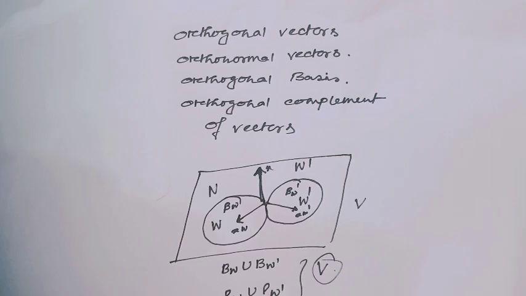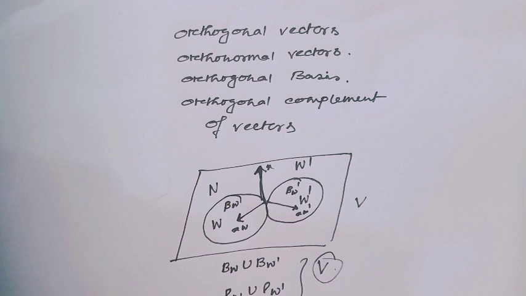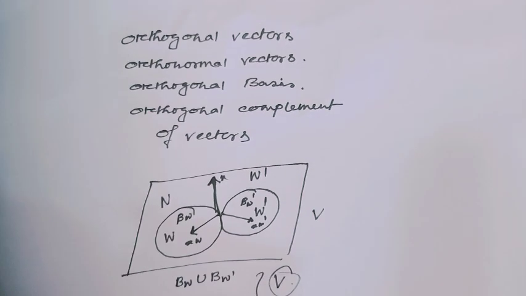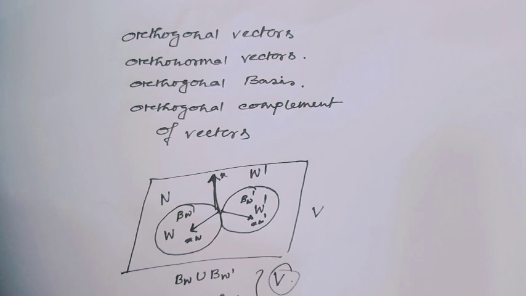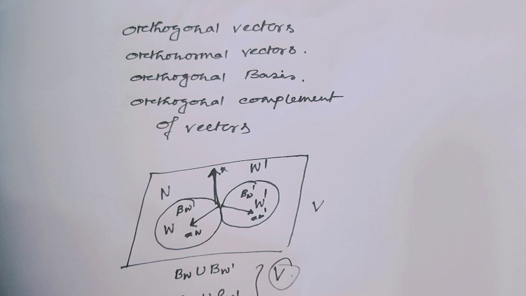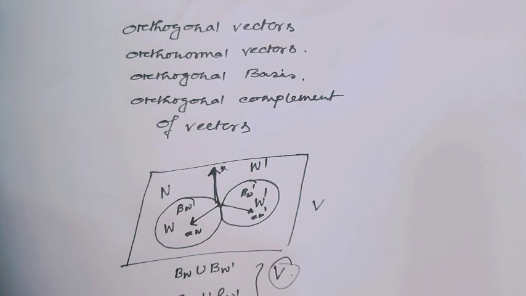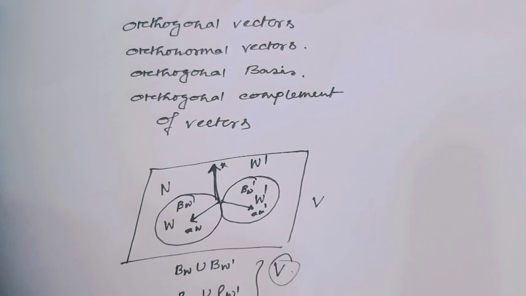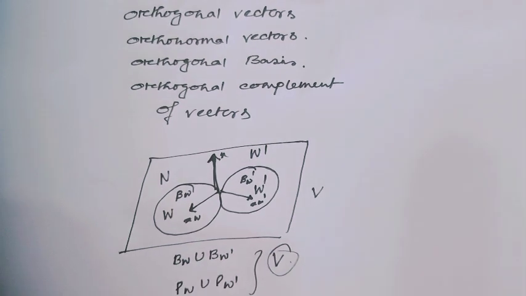Today I will see some basic properties, and today's video depends only on basic properties, but these properties are very important to understand the whole inner product space completely. At first, I will consider one inner product.